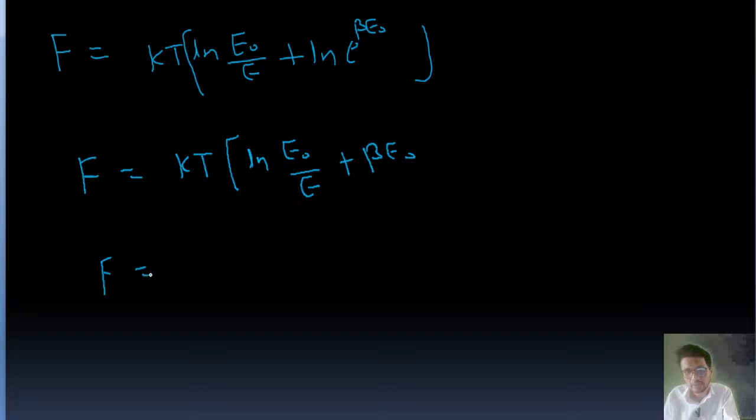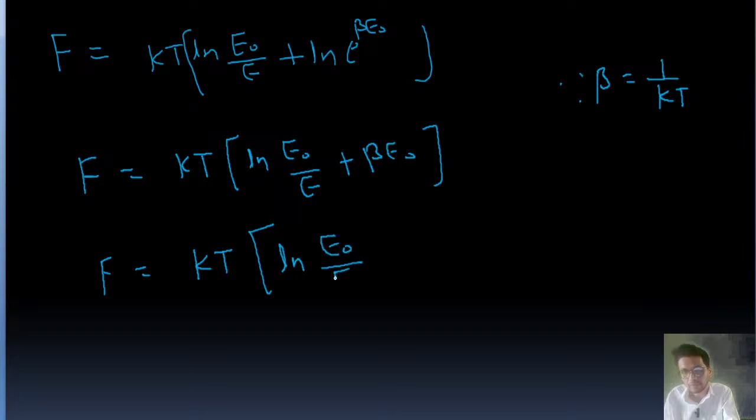We know beta equals 1 upon kT, where k is the Boltzmann constant. So F equals kT ln (e naught upon E) plus, in place of beta, we can write e naught upon kT.